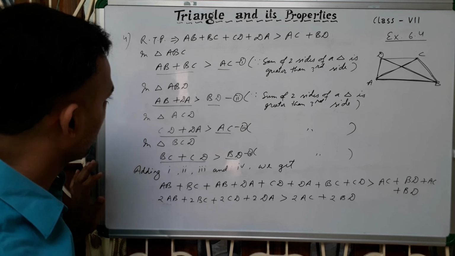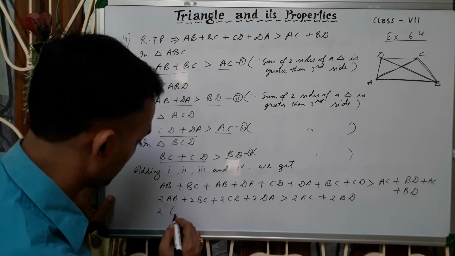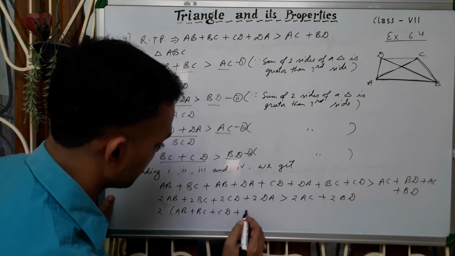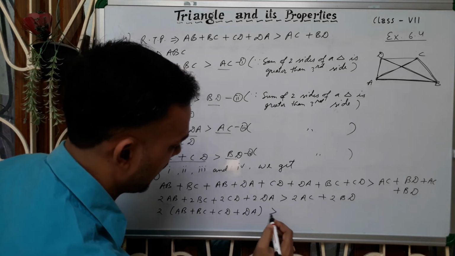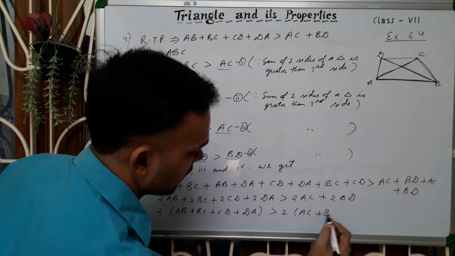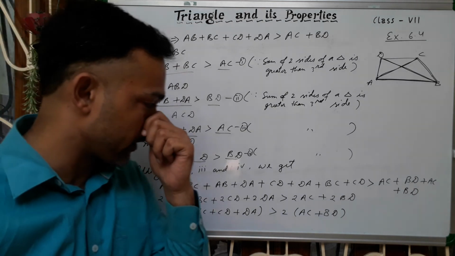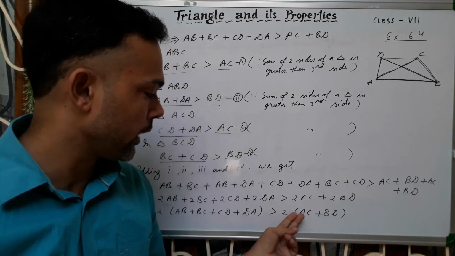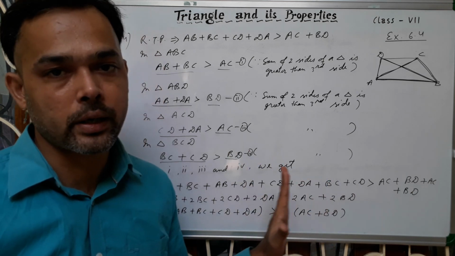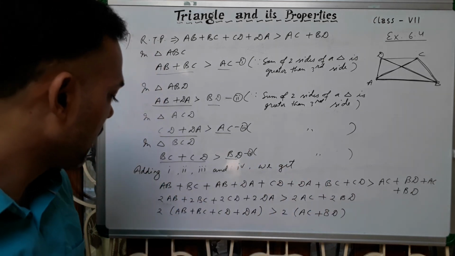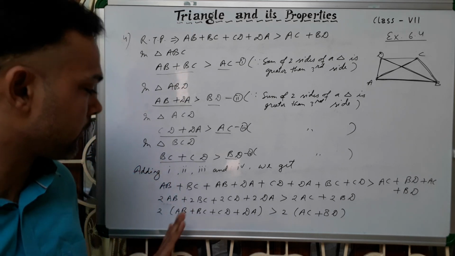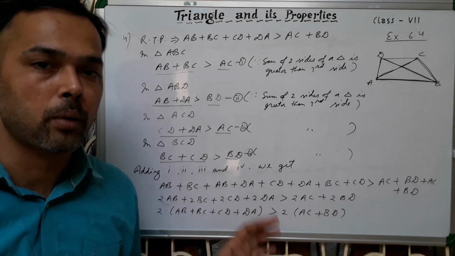Now what will happen is we will be taking 2 common, so in that way AB plus BC plus CD plus DA, and over here if we take 2 common, it will be AC plus BD. You can use distributive property over here and check. See, 2 into AC will be 2AC plus 2 into BD will be 2BD, which you are getting over there. Now this 2 will be getting cancelled from both the sides because we will be dividing by 2 from both the sides.